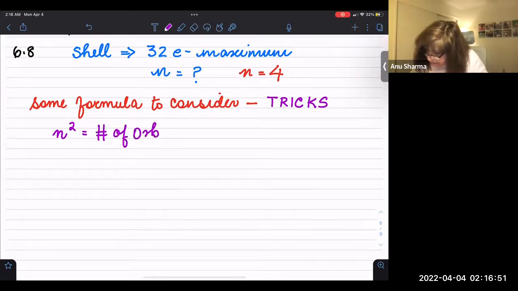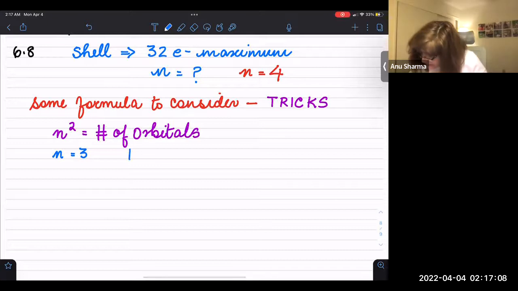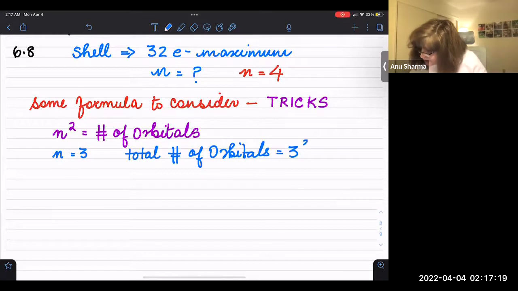Whatever the value of n is, the number of orbitals relates to that. For example, if we have n equal to 3, then the total number of orbitals is equal to 3 squared. That is 9.